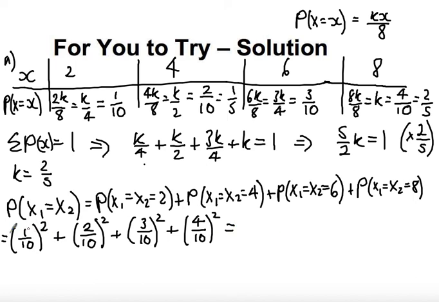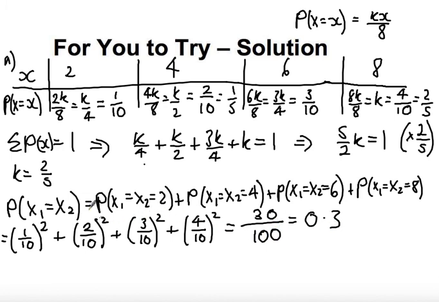So what we end up with is all over 100. 1 plus 4 plus 9 plus 16 is 30. We get 30 over 100, which you can write as 0.3 or 3/10, however you like to write it.